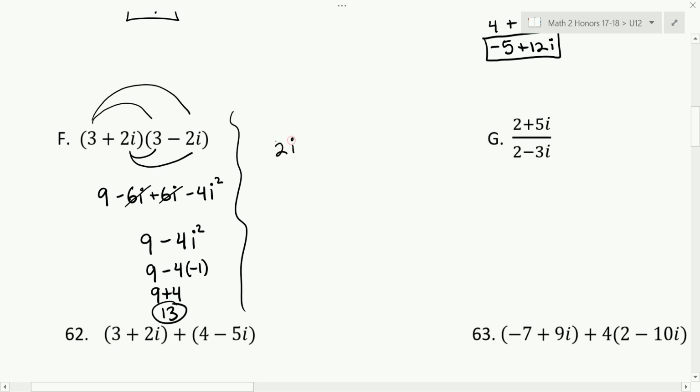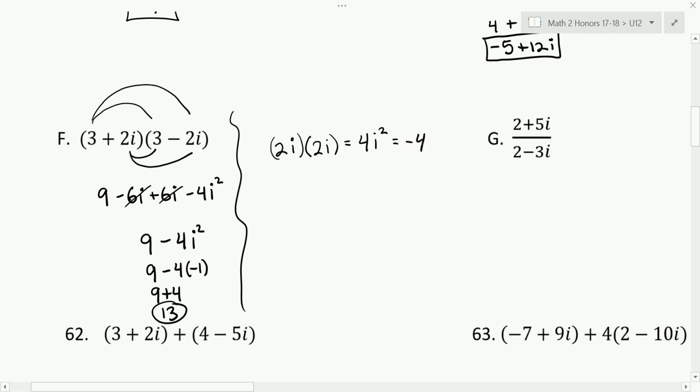Give me another complex number that you'd multiply with 2i to make it a real number. Your choice. What's that? 2i, let's try it. So if I multiply 2i times 2i, I get 4i squared, and i squared is -1, so that ends up being -4, and it worked.